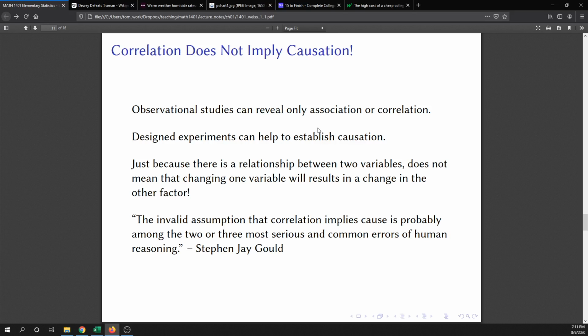When you do an observational study, like in the case of the vasectomies and prostate cancer, those kinds of studies can only reveal an association or correlation. Just because the rates of prostate cancer were higher in the men that had vasectomies does not mean that having a vasectomy causes prostate cancer. That's an easy conclusion to jump to, but it is absolutely bad and invalid reasoning.